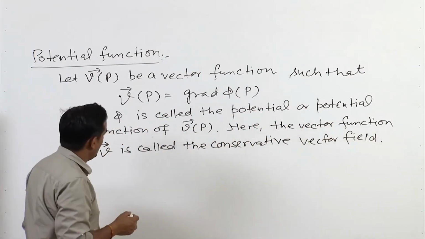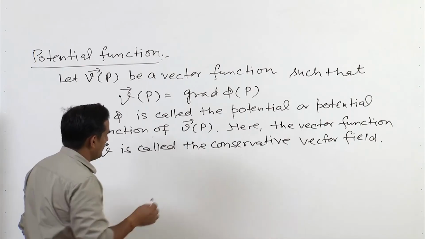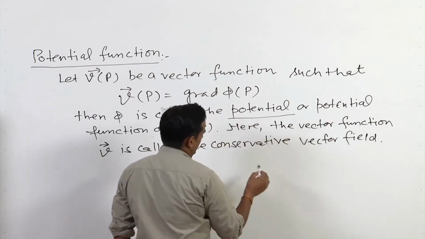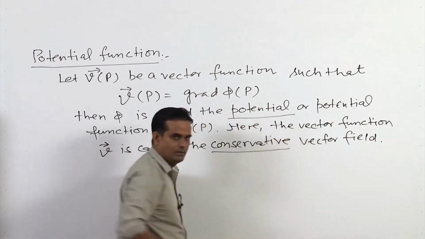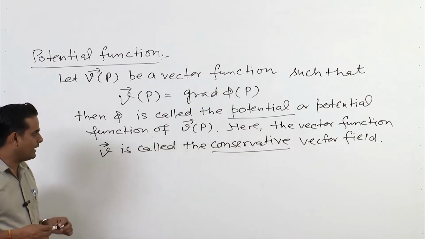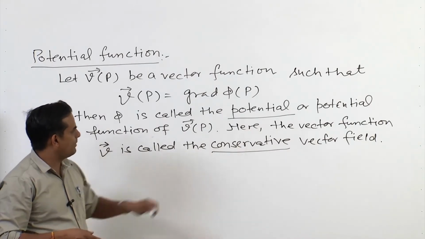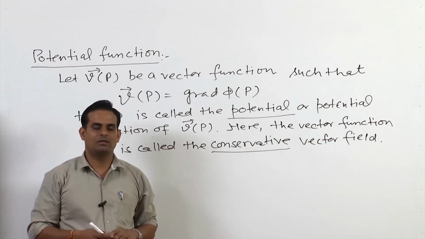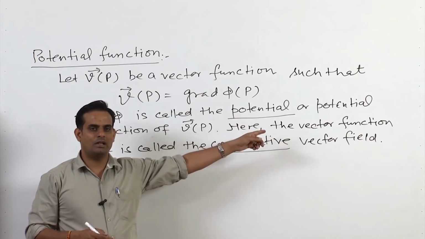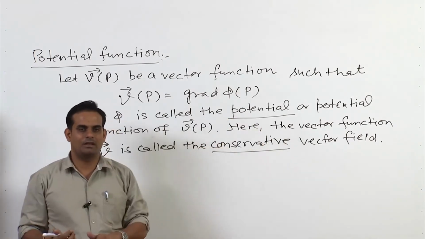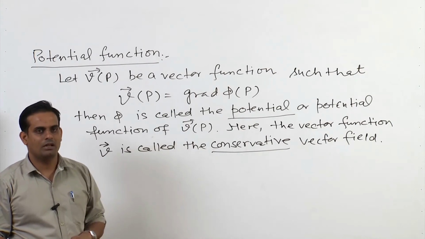So, in this way we have two terms here, one is potential and another one is conservative, and they are related to each other. If you are able to find the potential function for a given vector function, then the vector function is called conservative.